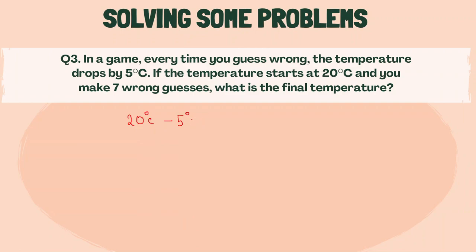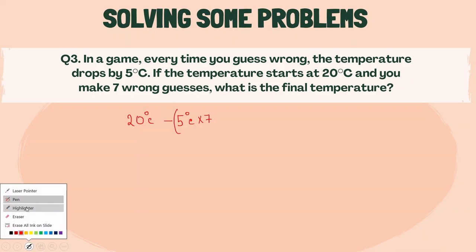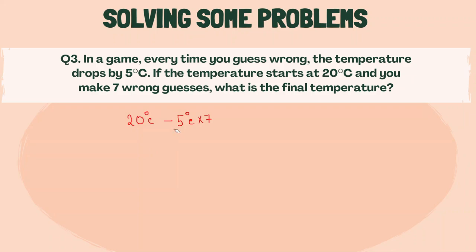So minus 5 degrees centigrade into 7 will be the number of the temperature drop. So I will write like this. 20 degrees centigrade plus minus 5 degrees centigrade into 7.